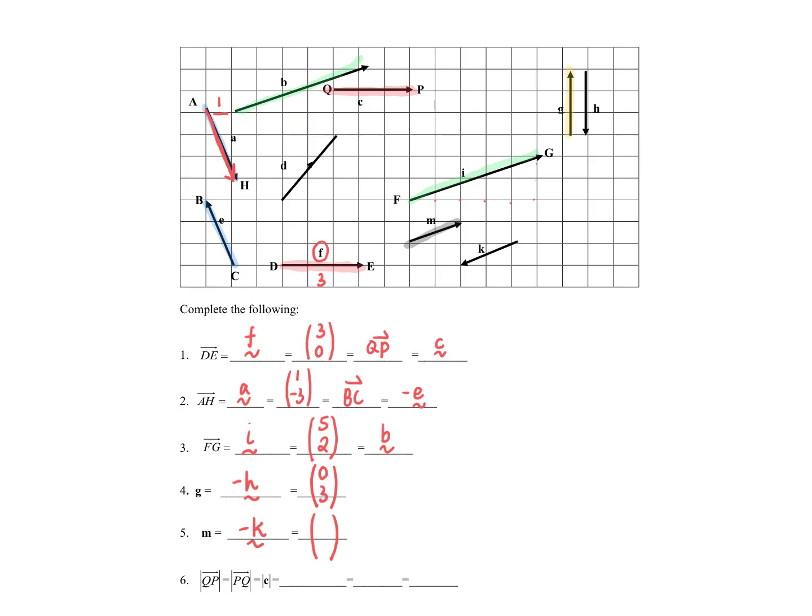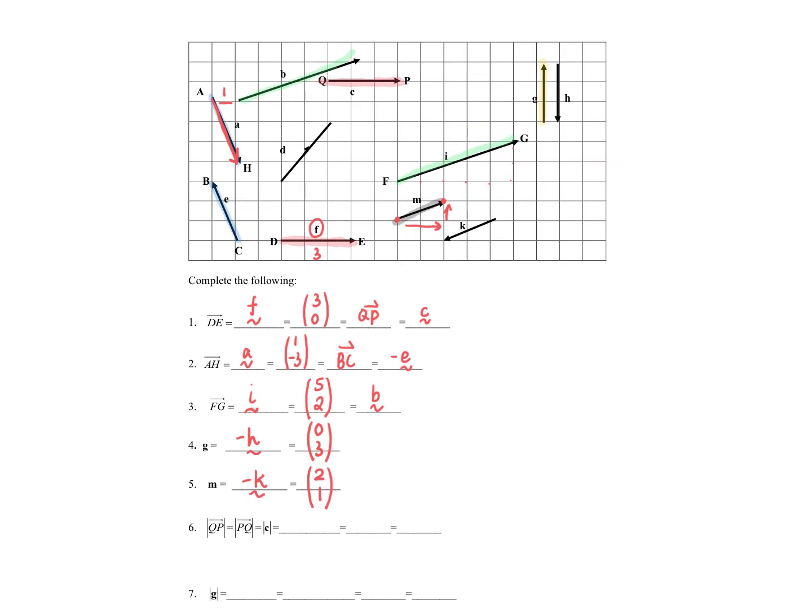If I'm moving from here to here, how many units did I move to the right and upward? X direction 2, so this one is 2. Y direction go 1. So your column matrix is (2, 1). So move 2 units to the right, go upward by 1.